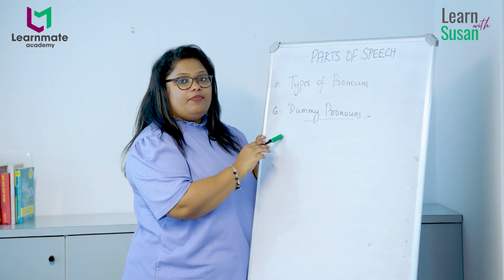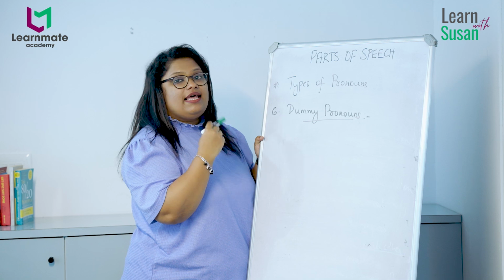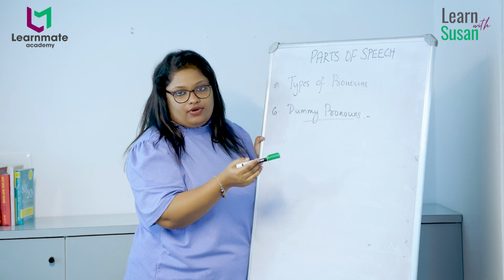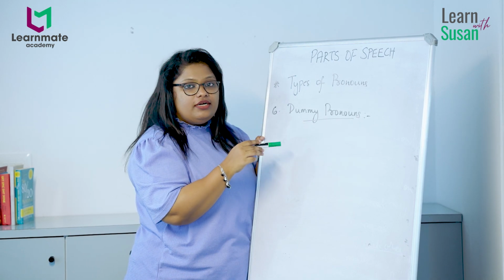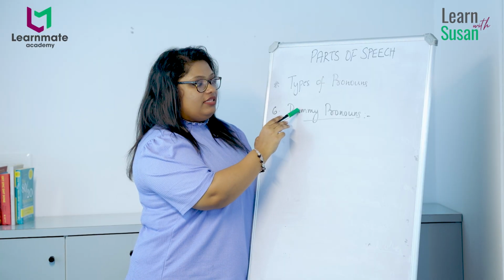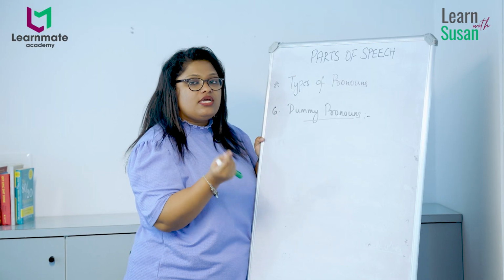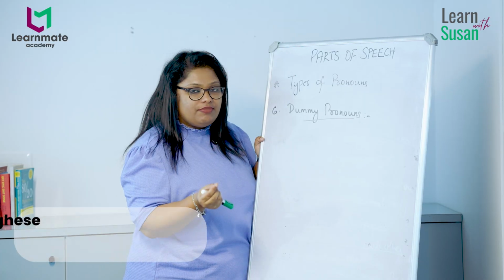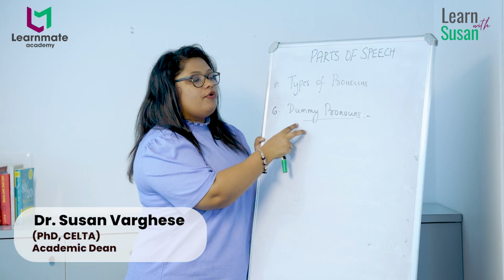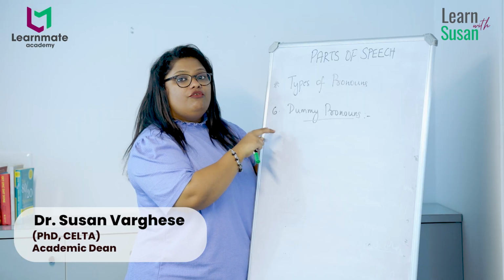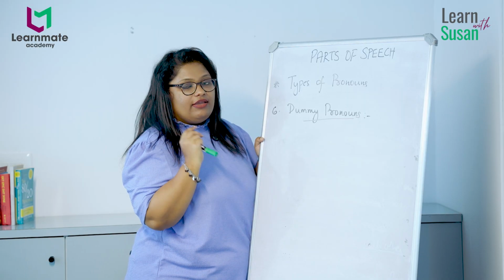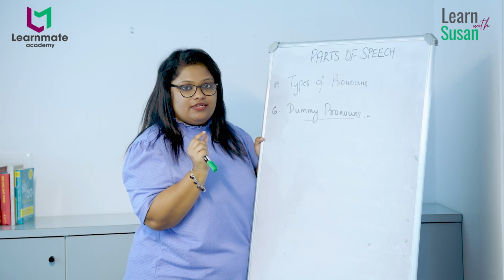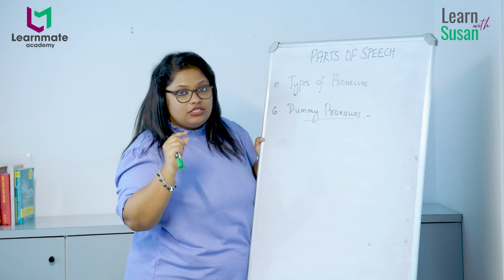Now the last type of pronouns in the list is called the dummy pronouns, and just as the word explains for itself, this is simply used as a word that does not have an explicit meaning. So that means these pronouns are not used to replace any nouns. Like for example, it has rained today.